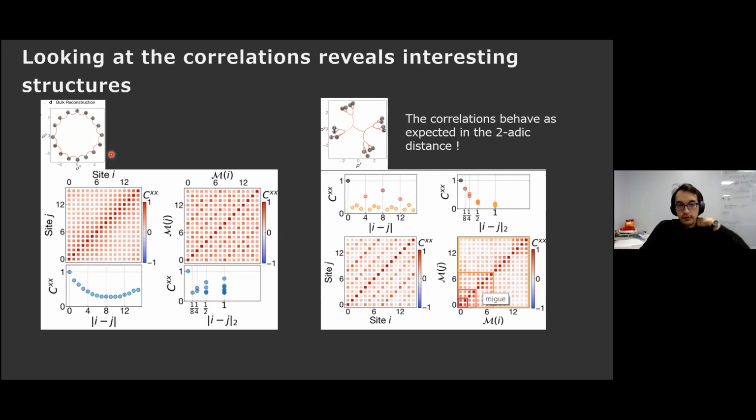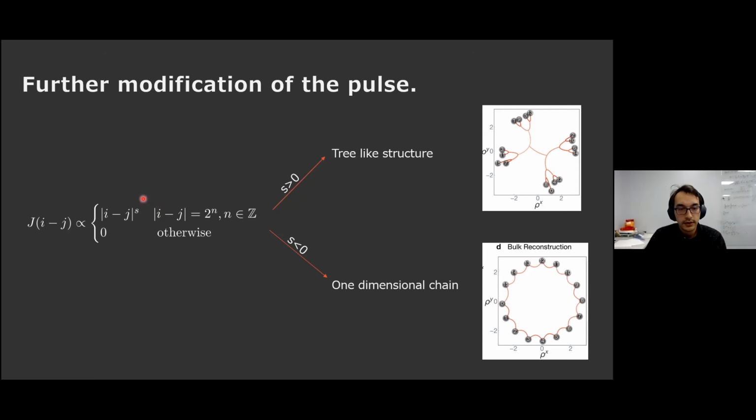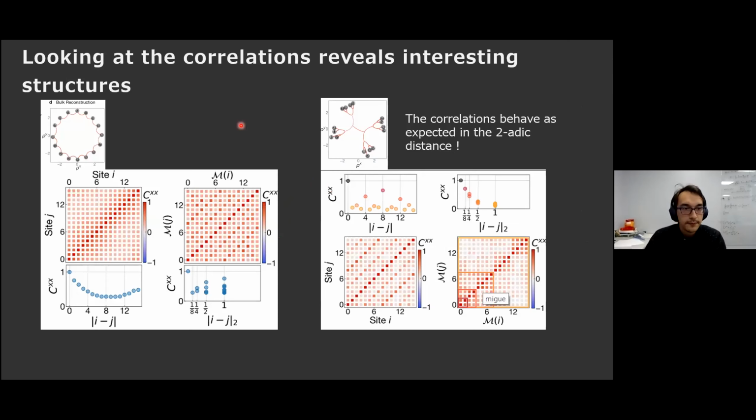So again, what they did here is they have a different pulse. The pulse for this has the strength of the separation raised to some power, for these distances separated by a power of 2. So they are looking at 2-adic systems. And then depending on the power that you raise, you either get a tree-like structure or you get what is essentially a one-dimensional system.